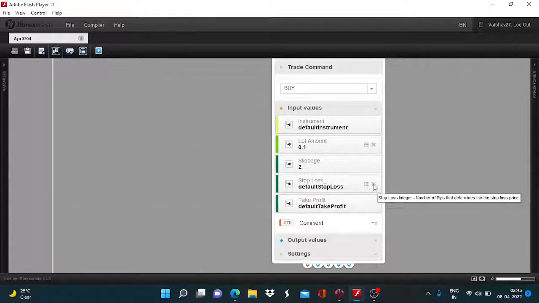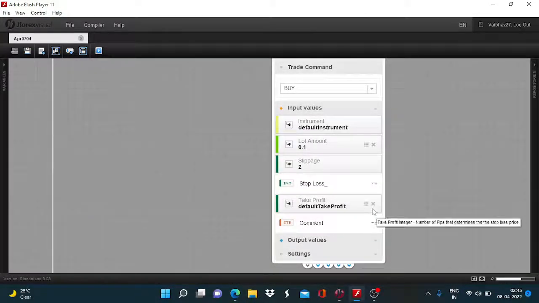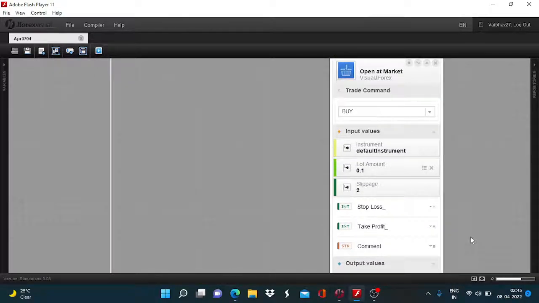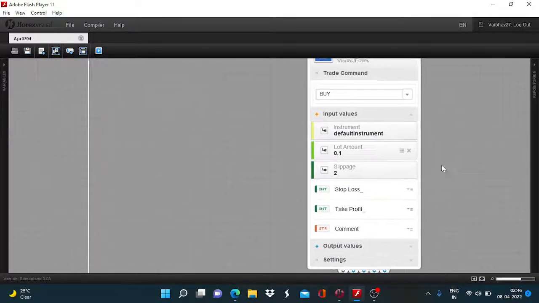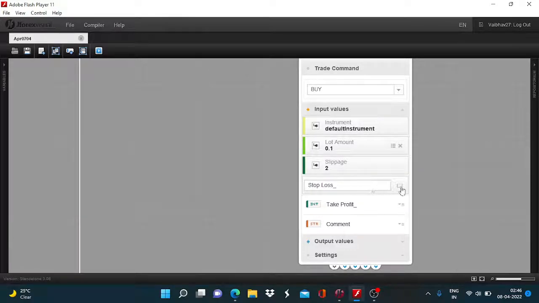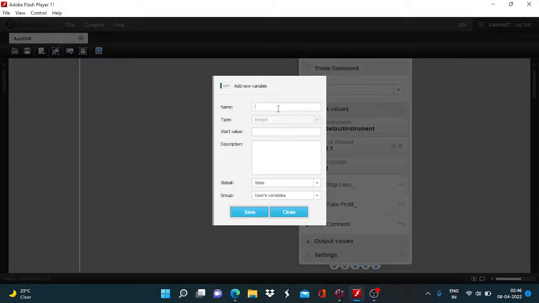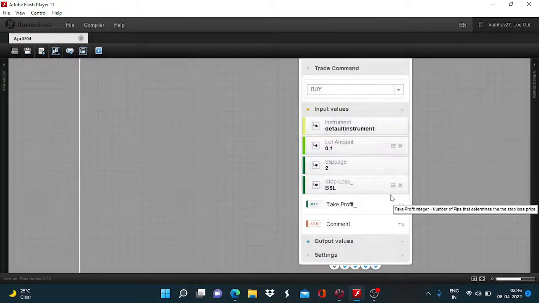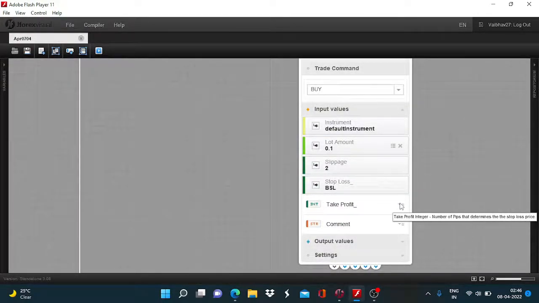Stop loss and take profit we will keep in proportion of the difference between the closing and the opening value of the last 15 minutes. So I will create 2 new variables here. This will be named BSL, and its value we will derive from a new calculation.